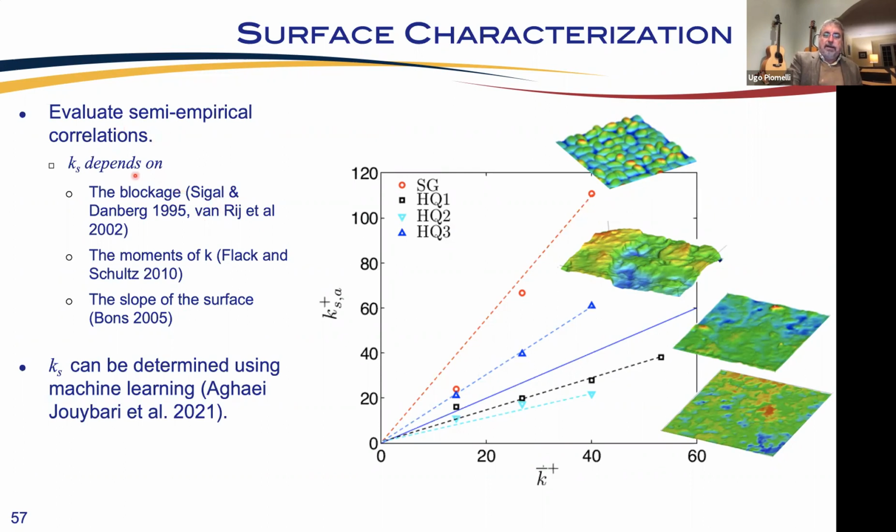You can have the relationship depending on the blockage, on the moments of K, on the slope of the surface, or you can use machine learning to determine this. This is work that's been done by Jun Yuan at her new place. But you need to determine what Ks is for a given K, knowing only the geometry, if you want to use a Reynolds stress model.